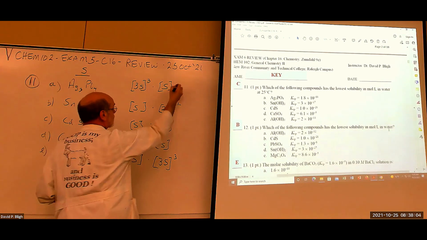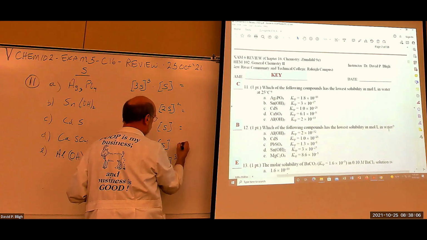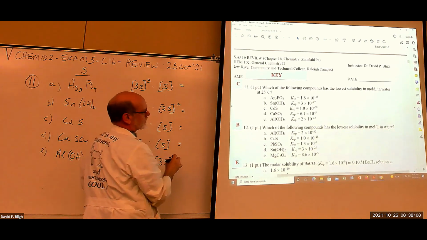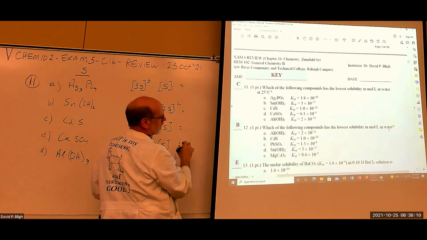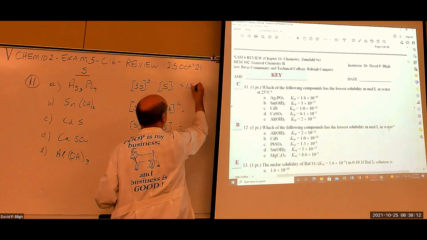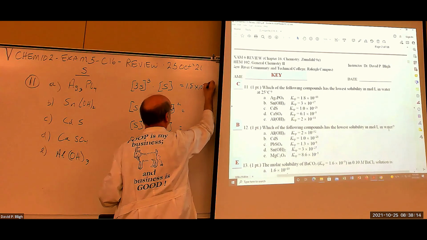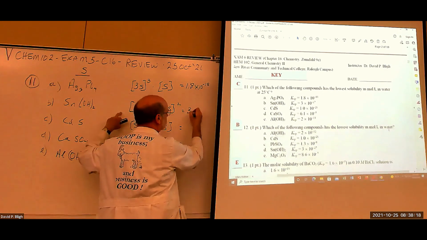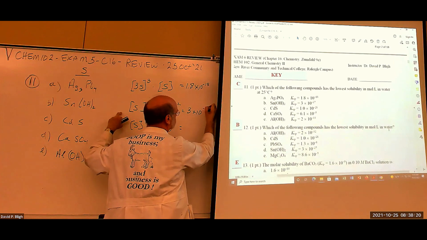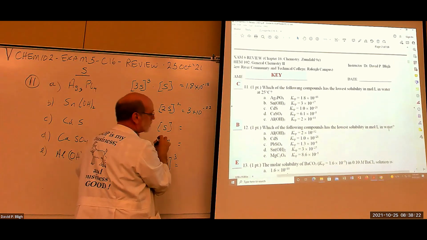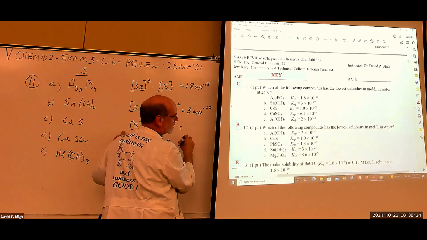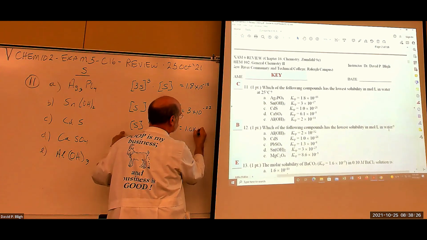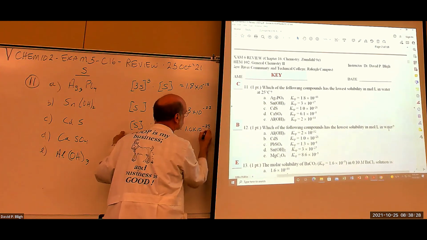And each one of these has its own Ksp. Right. First one is 1.8 times 10 to the minus 18. Second one is 3 times 10 to the minus 27. Cadmium sulfide is 1 times 10 to the minus 28.